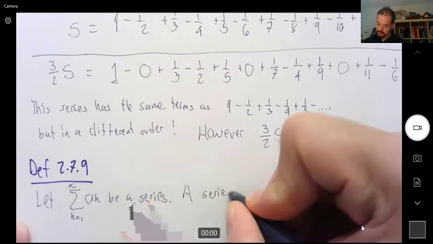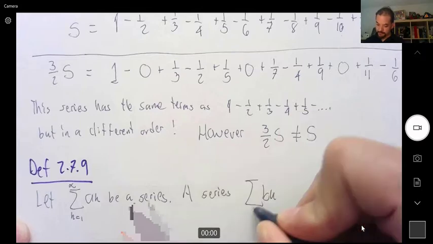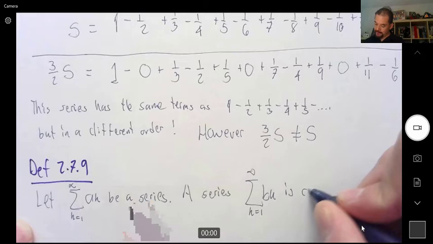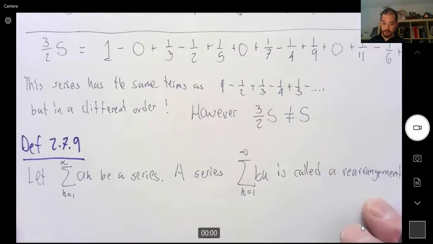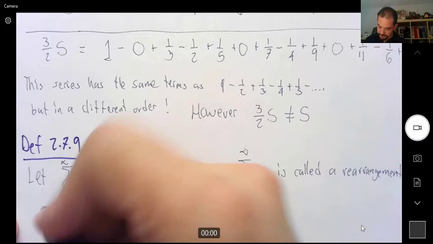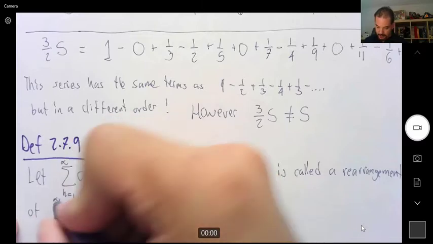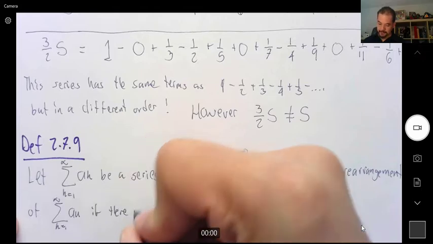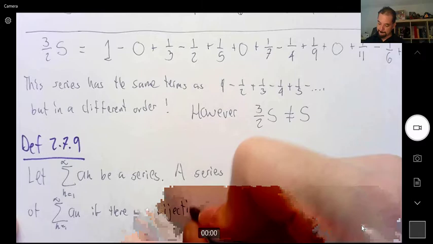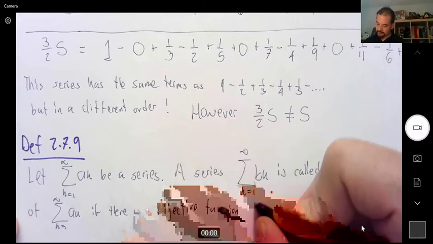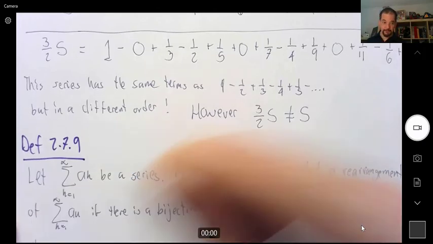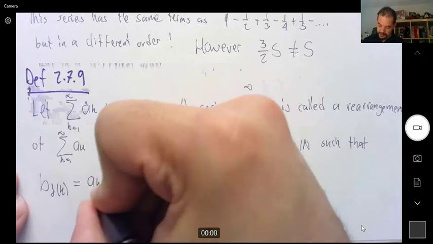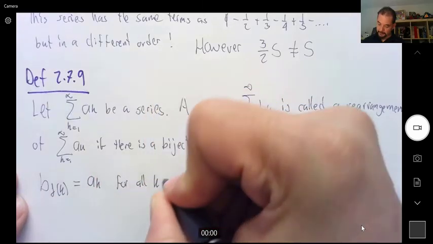A series the sum of b_k from 1 to infinity is called a rearrangement of the original series if there is a bijective function f from the natural numbers to the natural numbers such that b_{f(k)} equals a_k for all k.